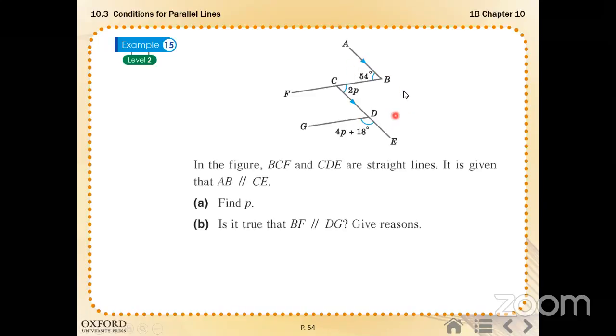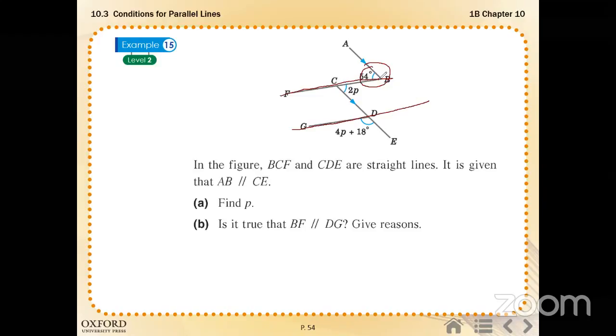Now it means like this kind of example, you can see that, is BF parallel to DG? Therefore, in this case, I am checking this line. And then there's a case. Now you can see that there's an angle here.